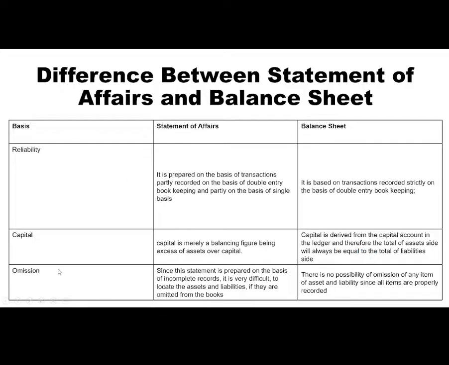Then you have the basis of information, where, since the statement is prepared on the basis of incomplete records, it is very difficult to locate assets and liabilities if they are omitted from the books, especially on the statement of affairs. But on the balance sheet, there is no possibility of omission of any item of asset and liability since all items are properly recorded.